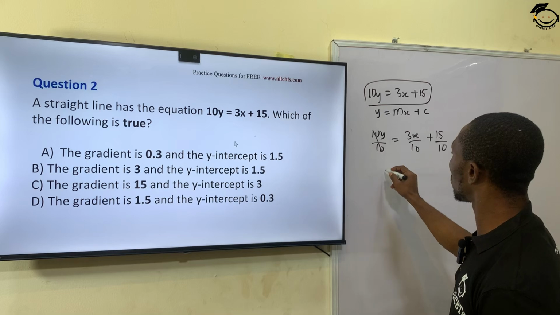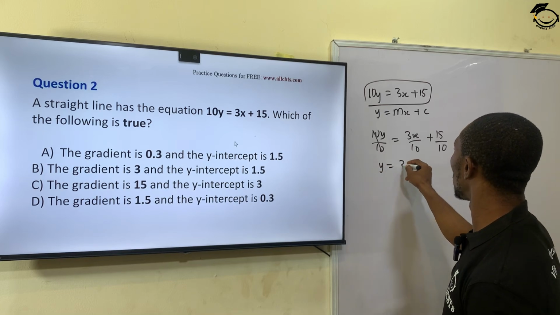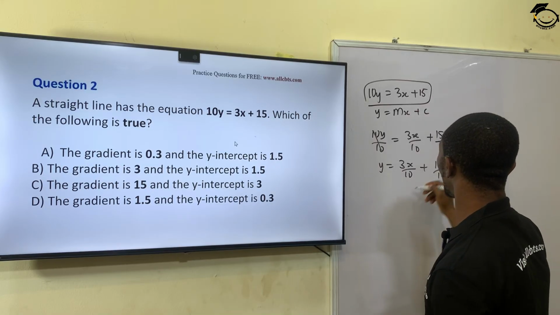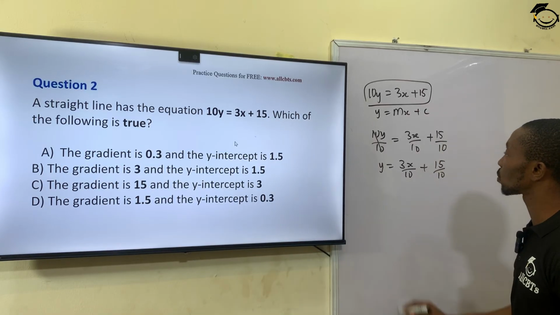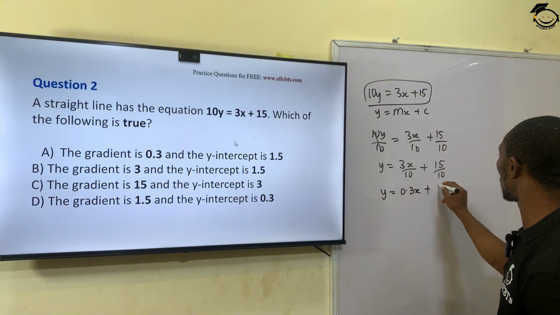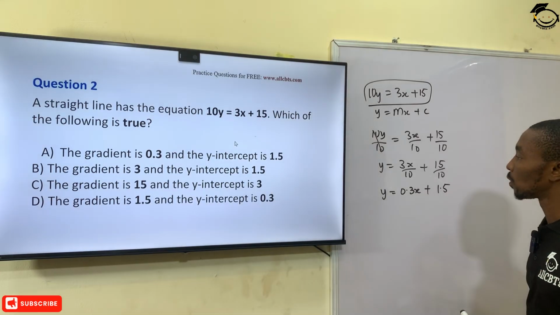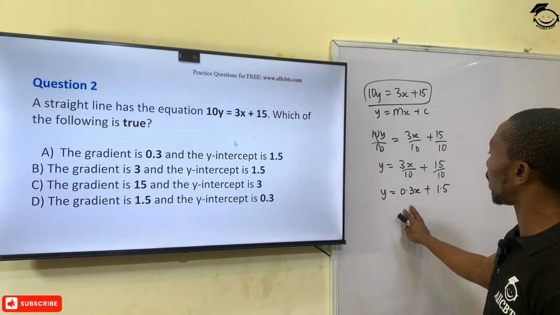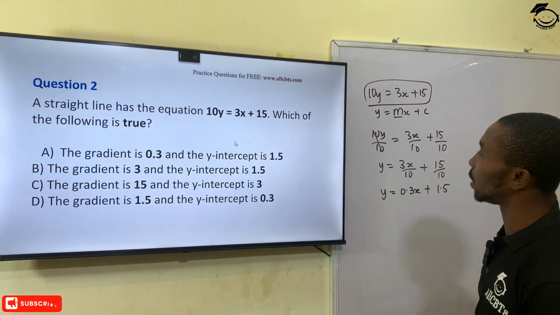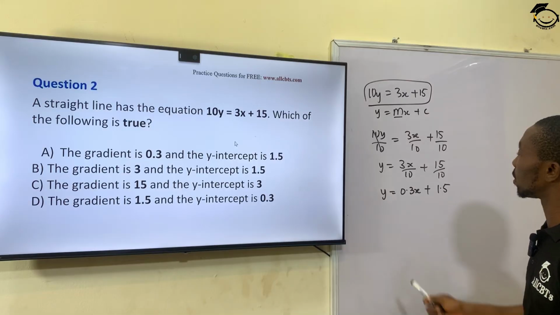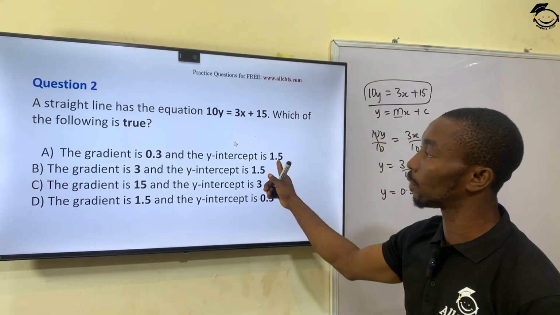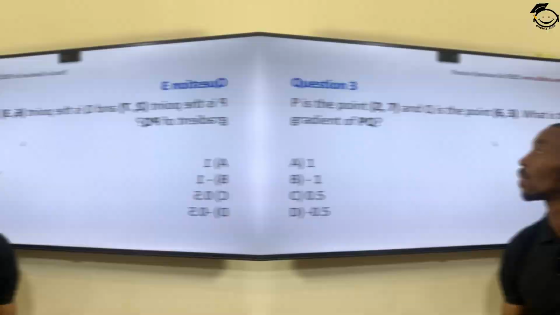Cancelling out, this gives us y equals 3x over 10 plus 15 over 10. Changing this to decimals gives us y equals 0.3x plus 1.5. Looking at this, we know that m in this equation is our gradient. So our gradient is 0.3 and our y-intercept is 1.5, which is option A.